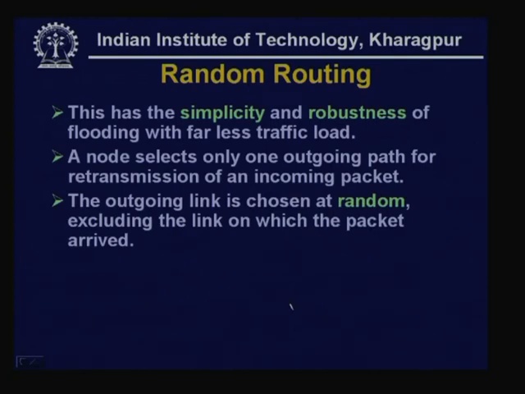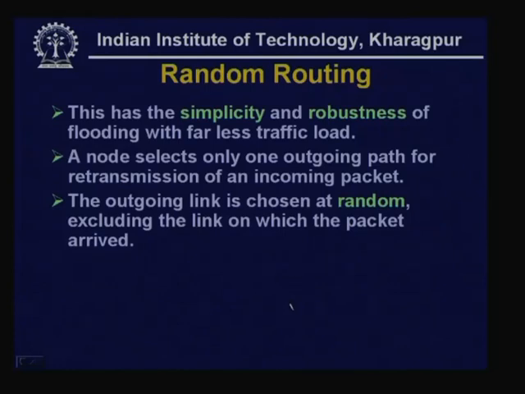This can be considered as a special case of flooding. We have already discussed flooding, and we have seen that flooding leads to too many packets, and also too much load on the network.